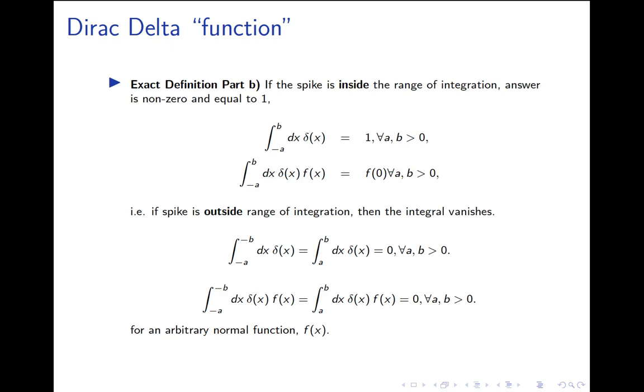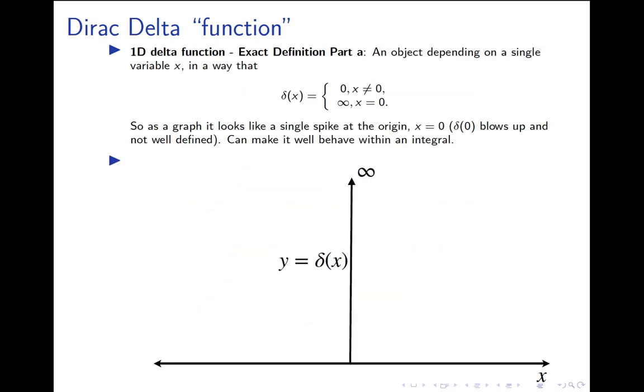So one way, as Griffiths tells you if you read Griffiths, to think about this delta function is to define it as a limit of a sequence of functions.